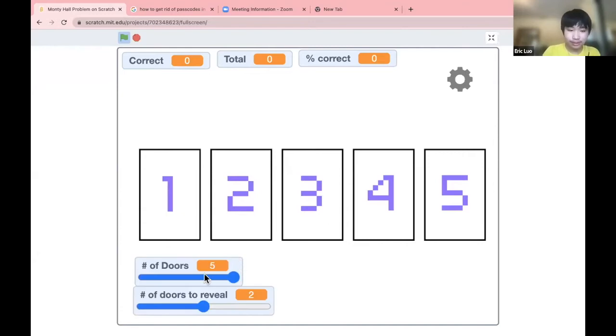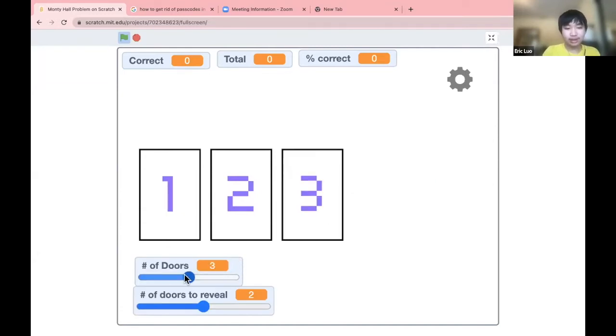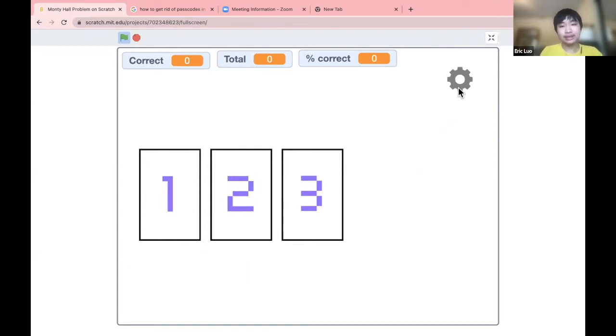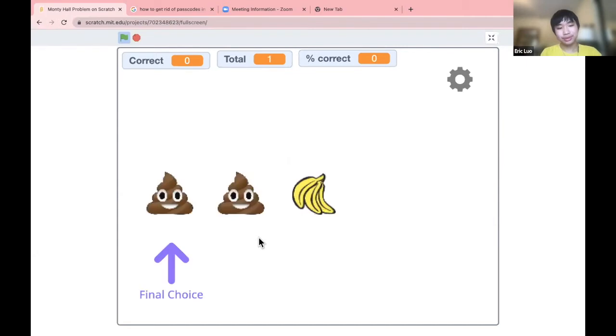So let's have a look at the Monty Hall problem. The idea behind the Monty Hall problem is that we have a sort of game show. Behind two of these doors is poop, and behind one of the doors is a banana, right?